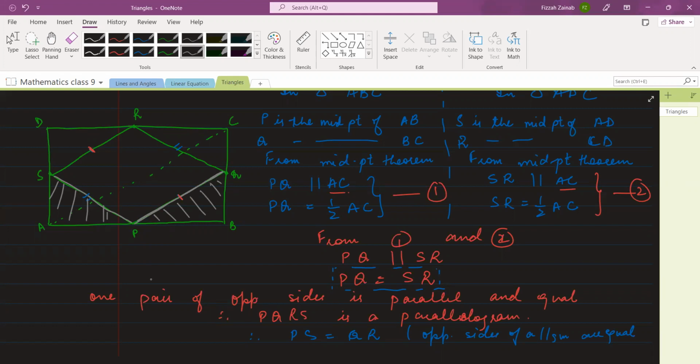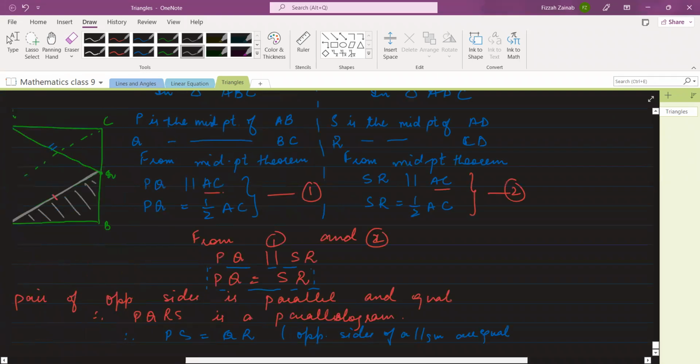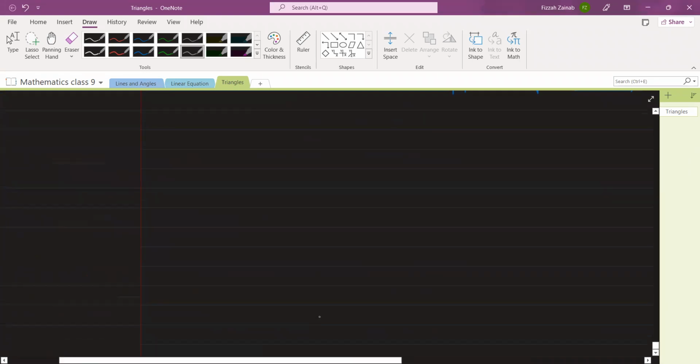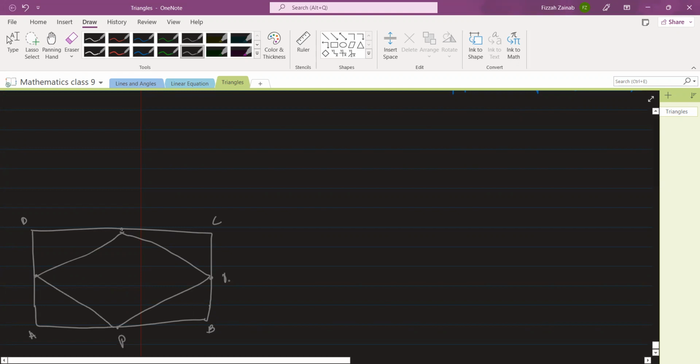Okay, so let us do it here. Or I can draw it again. So let us show these two triangles congruent, right?